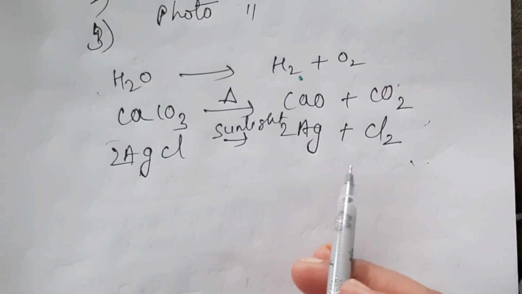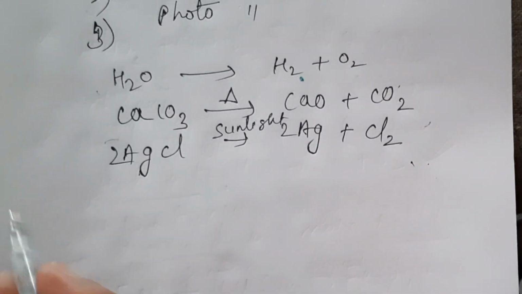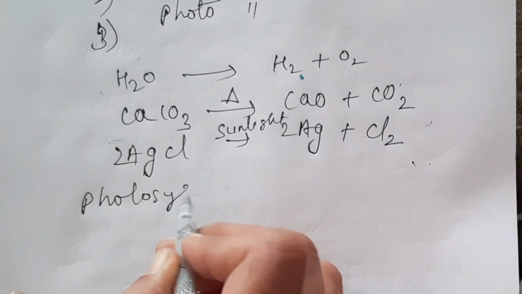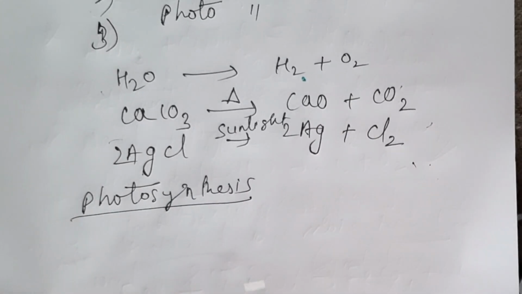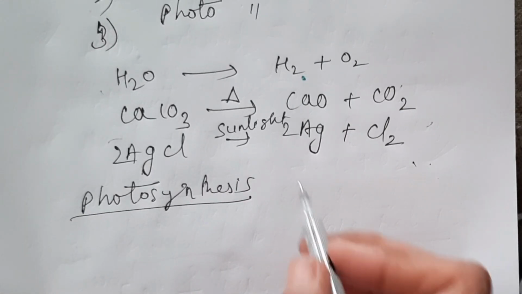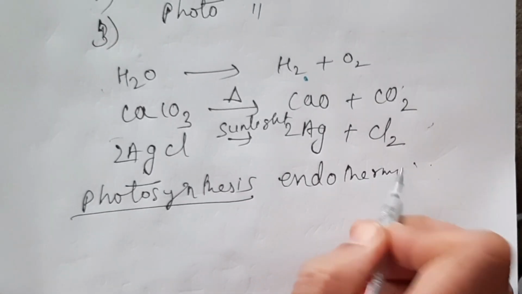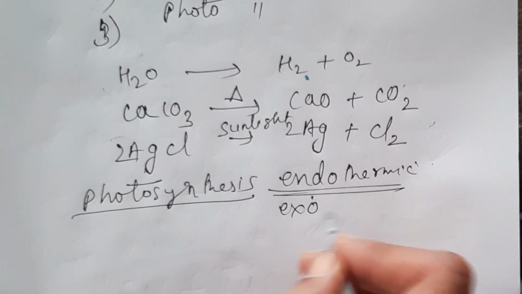Now the next topic is why photosynthesis is called an endothermic reaction. Again there are two types of reactions. What is an endothermic reaction and what is an exothermic reaction?